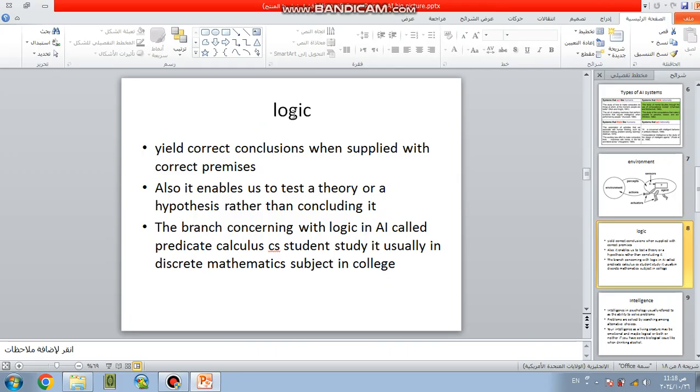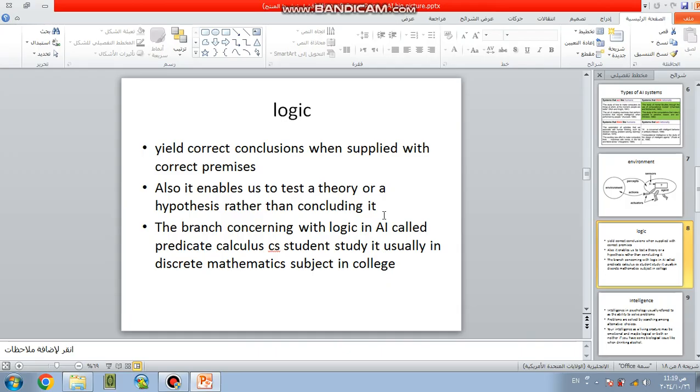Also the slides tell you that logic enables me to test a theory or a hypothesis rather than only concluding. So I'm not only forced to conclude, I can test. There's a result, like the rain has happened. Okay, the rain has fallen.